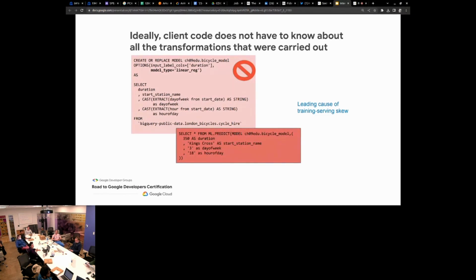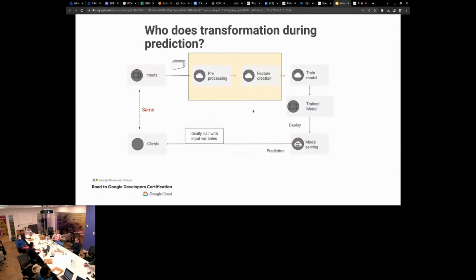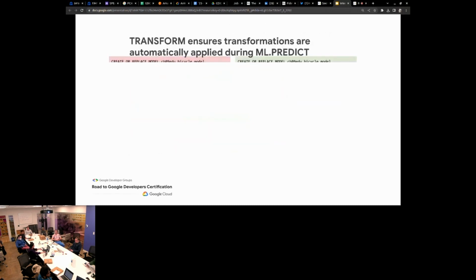The reason for that is they need to apply the same type of transform to be able to use the model. So in the previous graph, on the top, you have the input, you do your pre-processing, you train the model, everything is good. You have this model right now. For your client to be able to get any result, they have to do exactly the same processing. So you need to declare them.